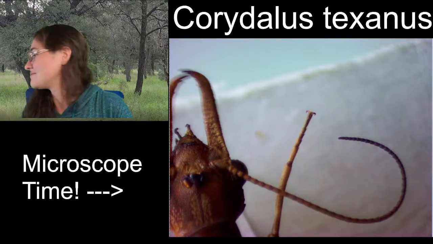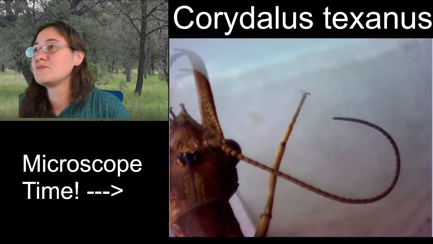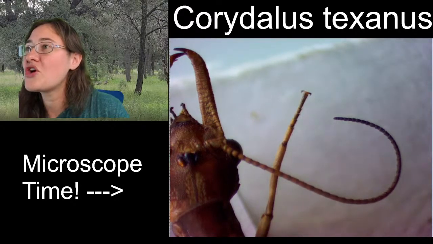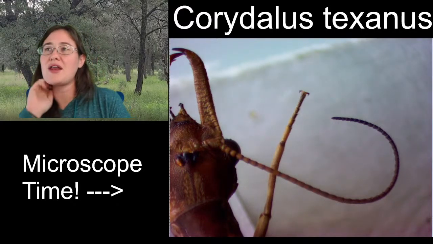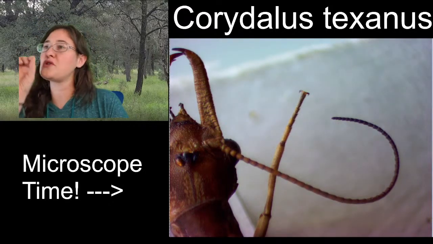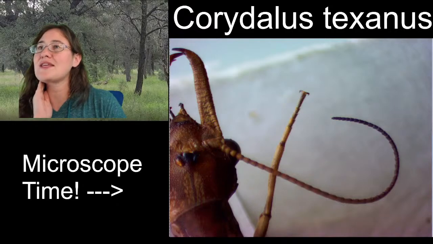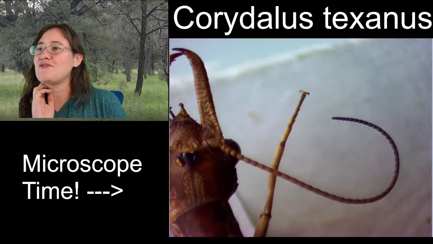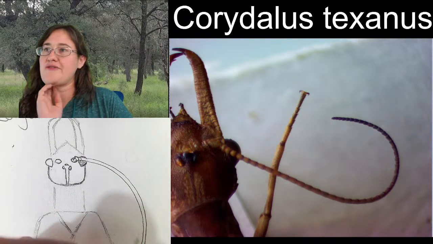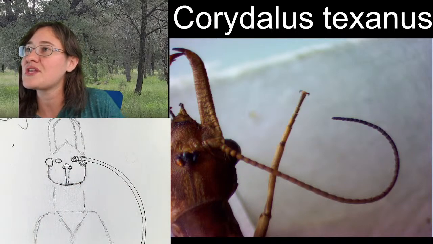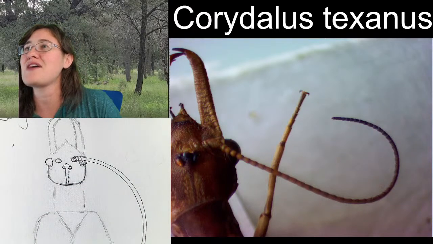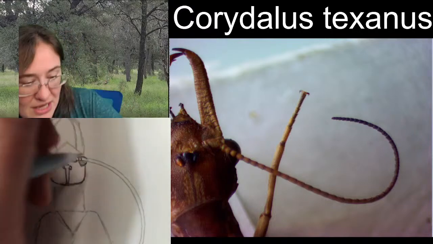Each one of those segments, you can see that they are almost square all the way to the end. And so instead of just coming in and adding all of the cross sections and making them look smooth, what I'm going to do is estimate the approximate size of those antennal segments.